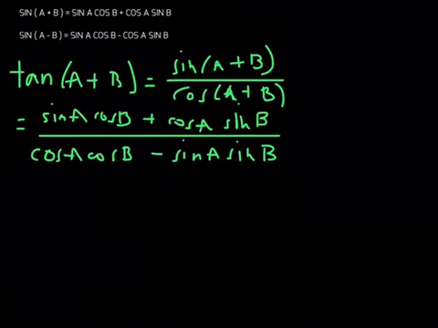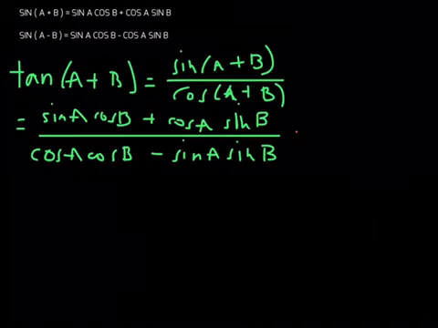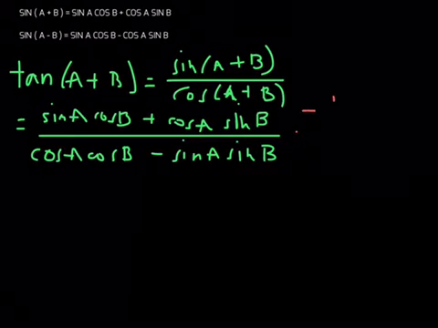Now, what I want you to do is multiply the numerator and denominator by the same thing. When you multiply the numerator and denominator by the same expression, you're multiplying by 1, and therefore not changing the original value of the expression. So this is what I want you to multiply the numerator and denominator by: 1 over cosine a times cosine of b.